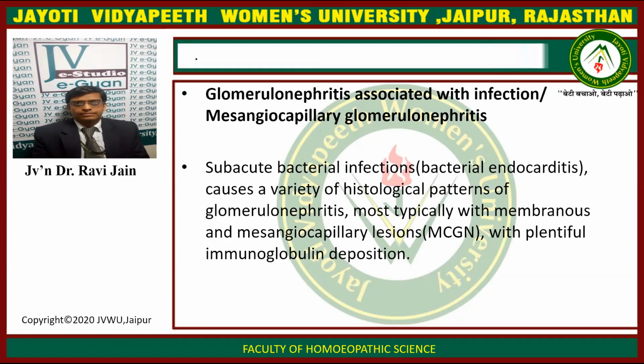It is characterized by subacute bacterial infection, that is bacterial endocarditis, which causes a variety of histopathological patterns of glomerulonephritis, most typically membranous and mesangiocapillary lesions, known as MCGN, with plentiful immunoglobulin deposition.